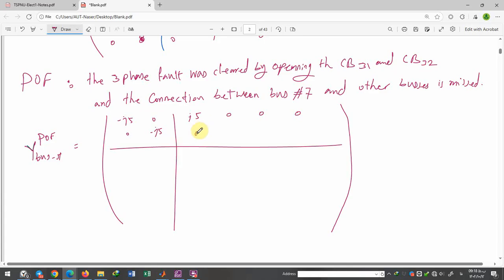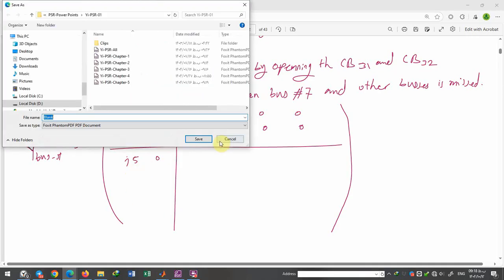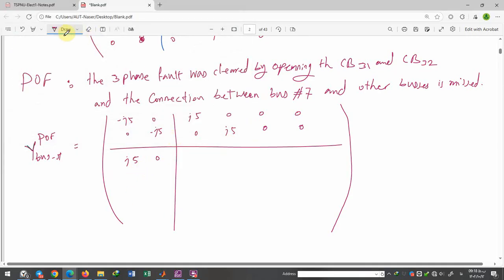So 0, J5, 0, 0, J5, 0, 0, 0, J5, 0, 0, 0, 0, and then row number 7 is deleted.